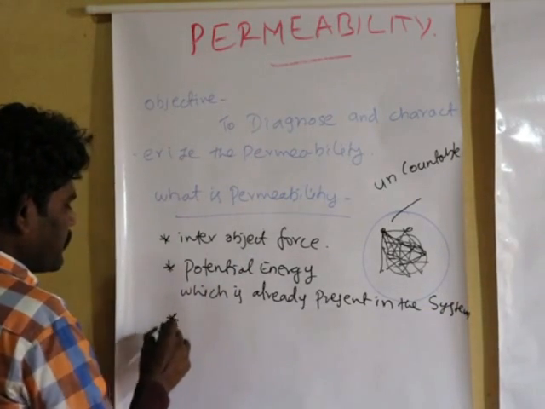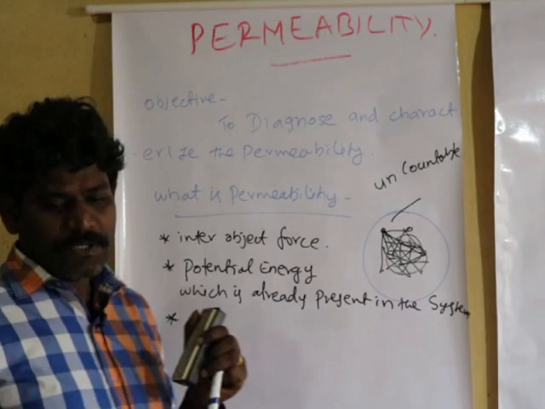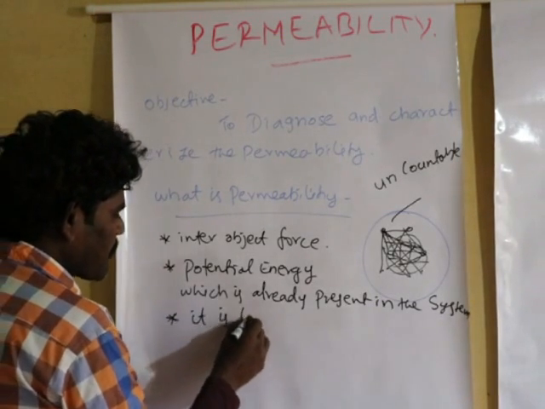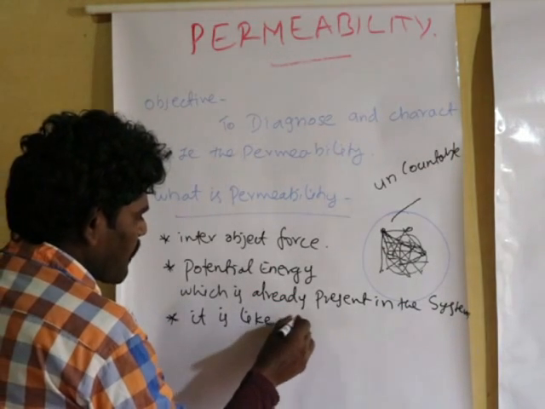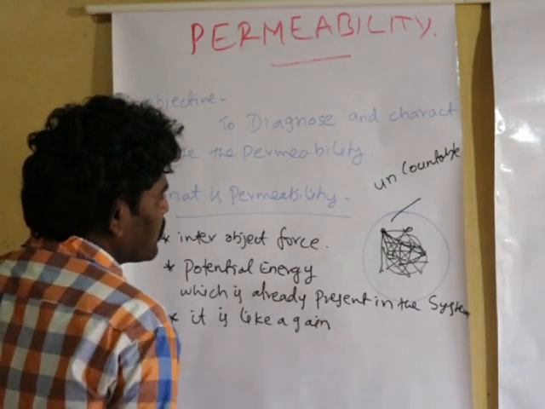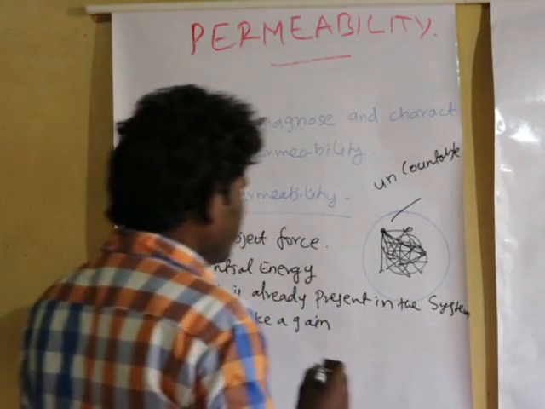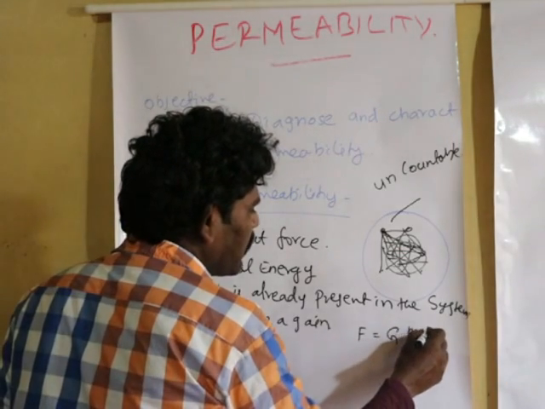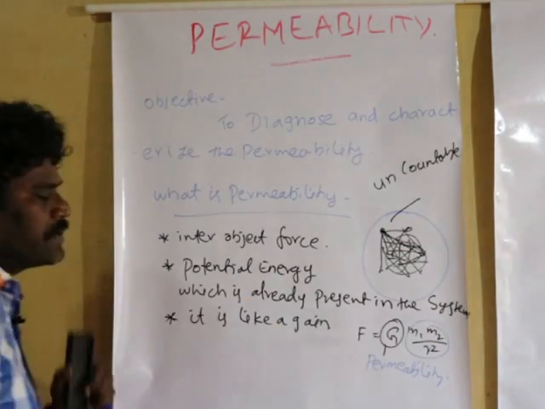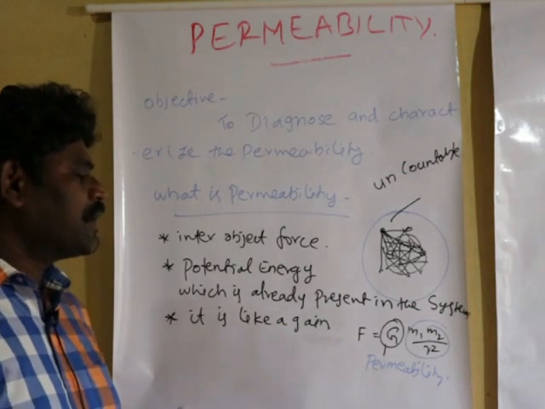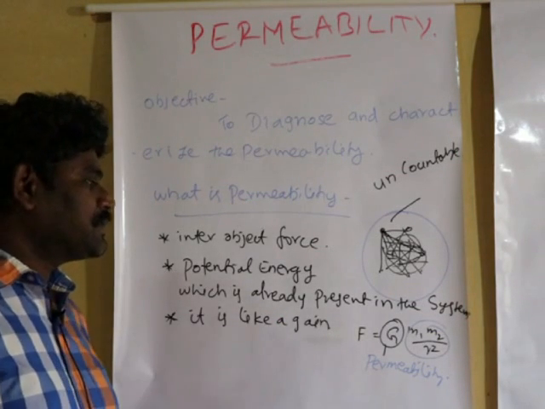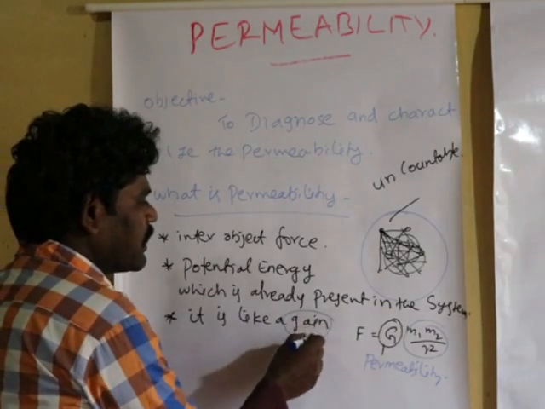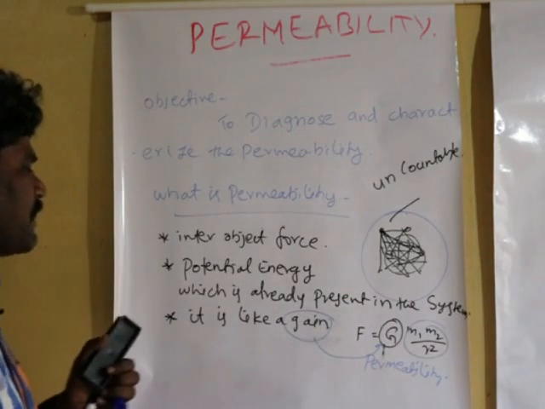The third property about this one is that it is like a gain. If I am giving a permeability, I will write a simple force formula: F is equal to G into M1 M2 by R squared, the multiplication of masses with respect to the square of the distance among these objects. So it's a multiplication factor. It's like a gain because it's a multiplication factor.